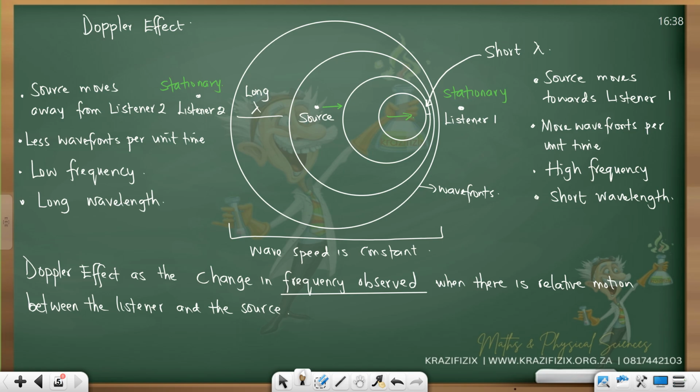This is the shortest correct definition. The other one I don't like. It has too many things.